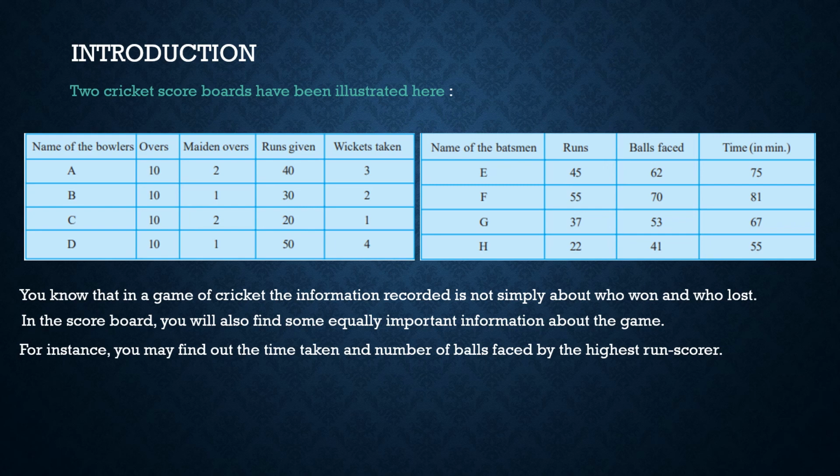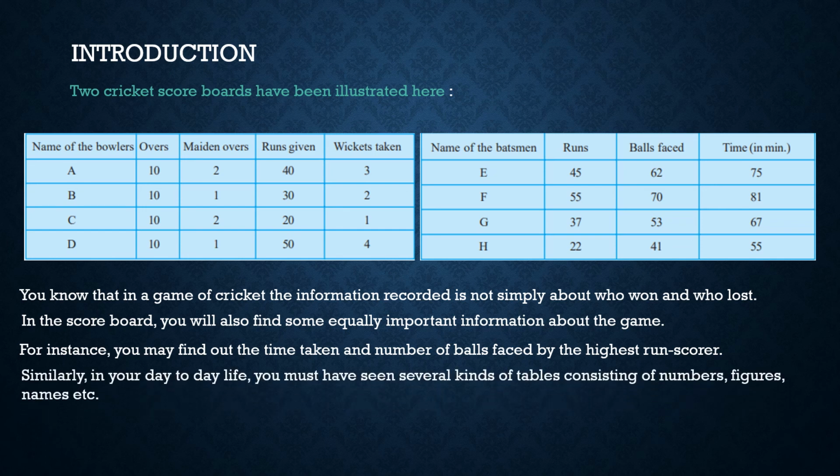Similarly, B, C, D also we can read from this scoreboard. And the batsman E has scored 45 runs in 62 balls within the time limit of 75 minutes. Similarly, we can read the remaining batsmen F, G, H also.